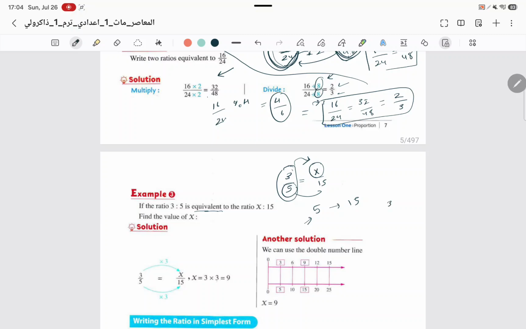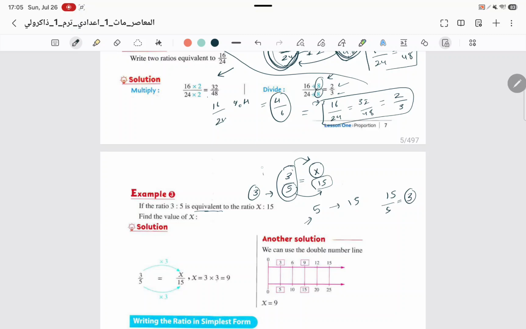I can find it easily like this: I can divide 15 over 5, so it will give me 3. So the 3 is the number that I multiply with 5 to have 15 in the bottom.